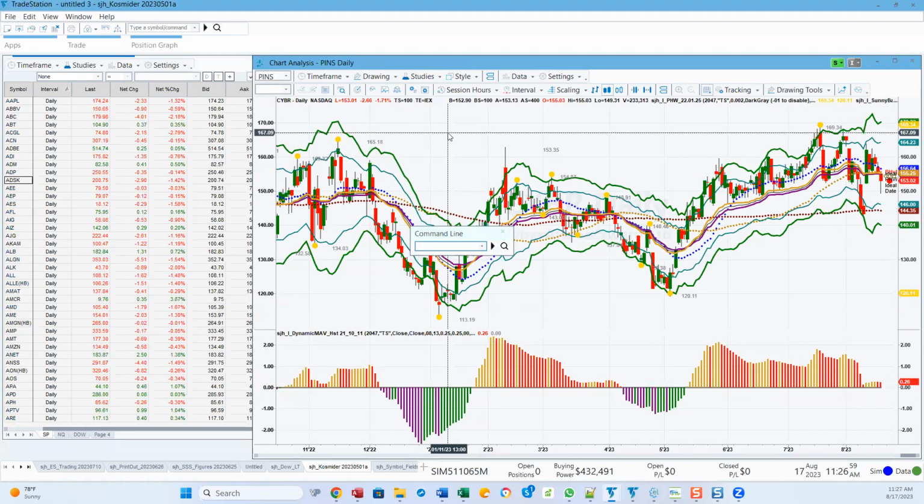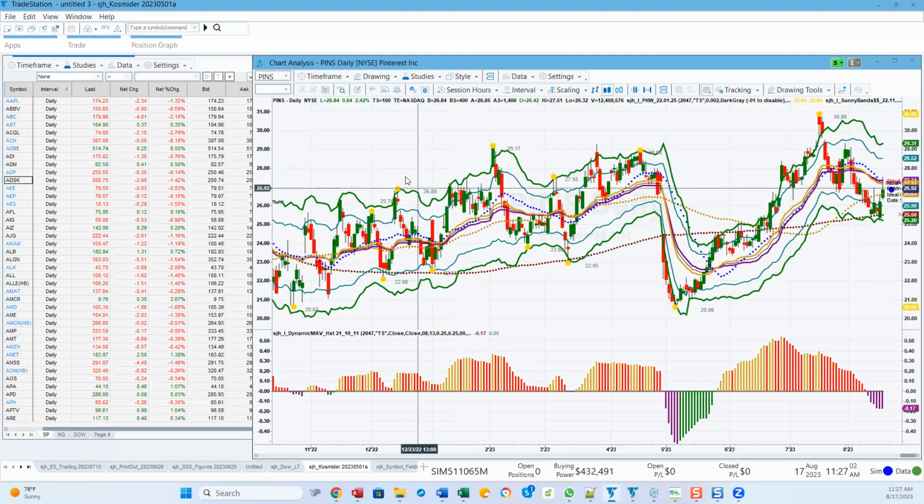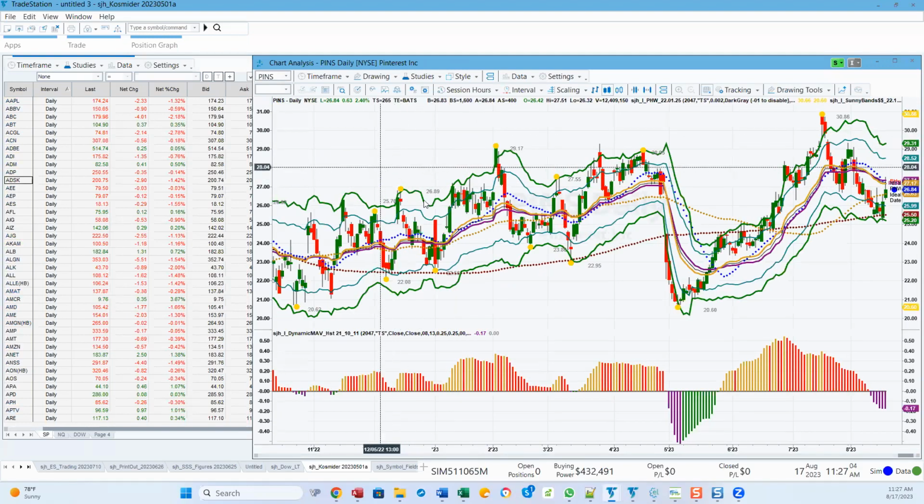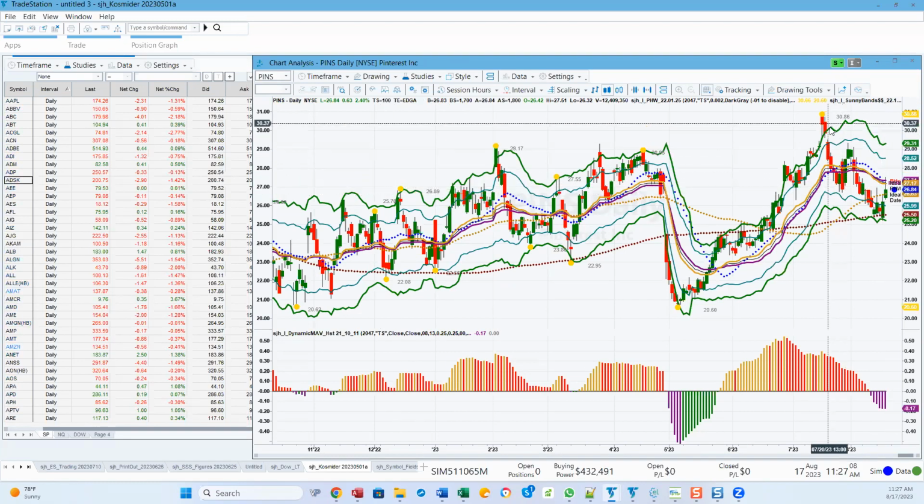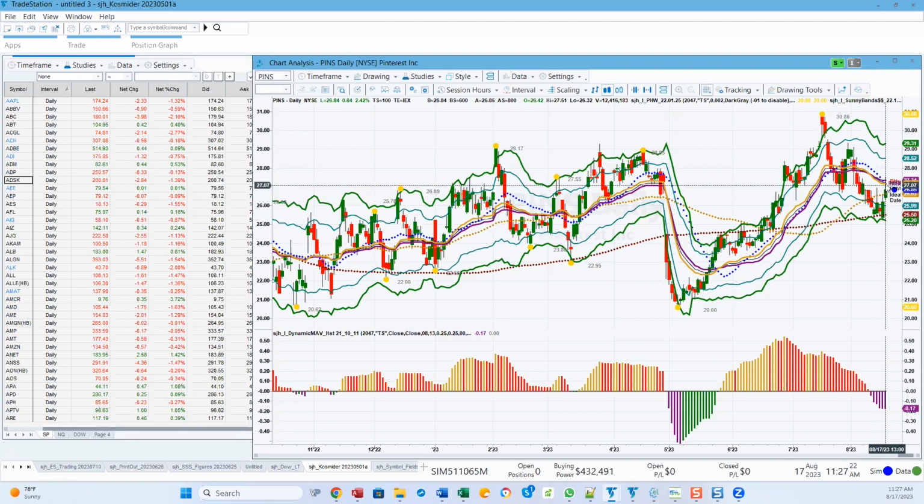Pinterest. And we had a nice sell signal that happened here. We had a flat DMA, so we ignored it. It went on down to the lower outer band and the 200-day moving average. We got a long signal confirmation, and it's gone up to the flat DMA.